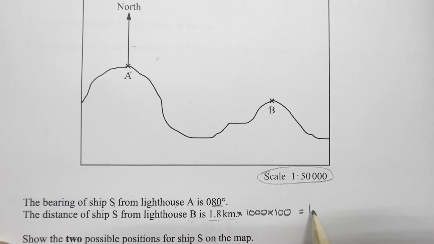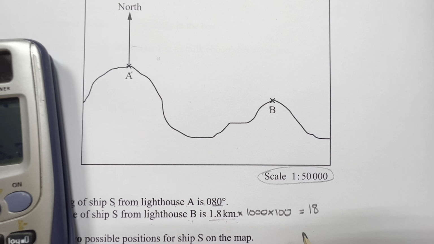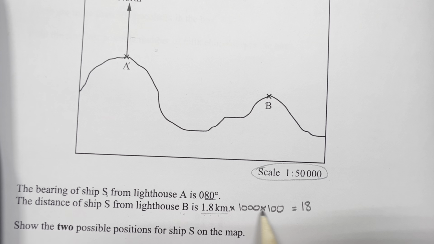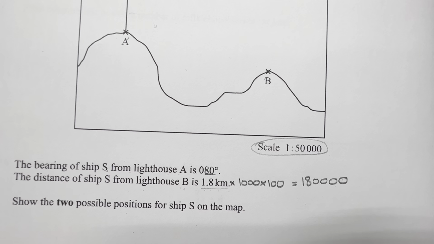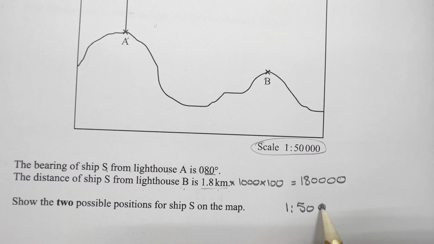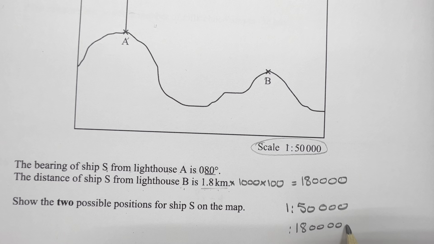So it's going to be 1.8. You can use the calculator or you can do it directly with 4 zeros. Then the scale 1 to 50,000, here 3 zeros, and here x. So this is x.